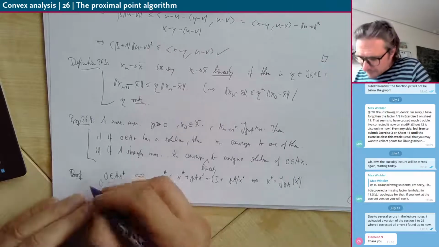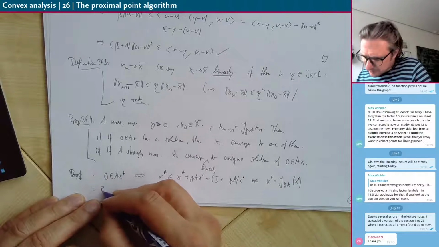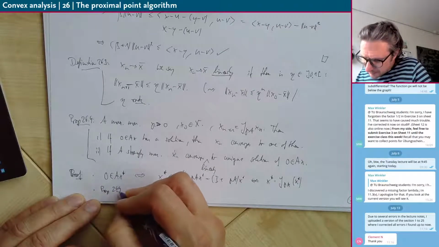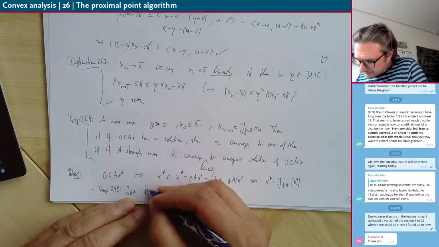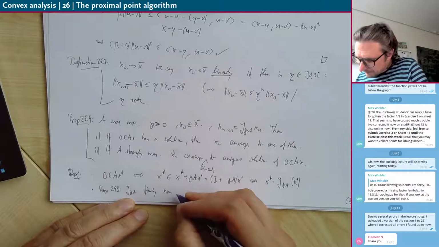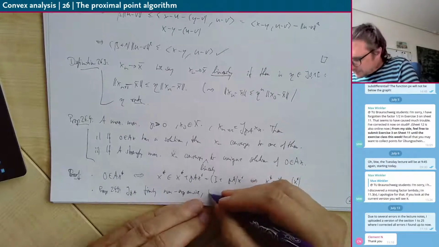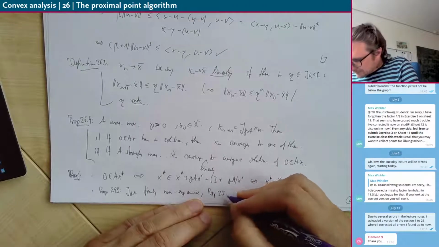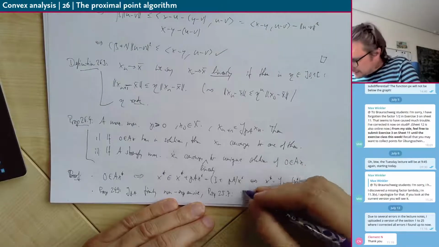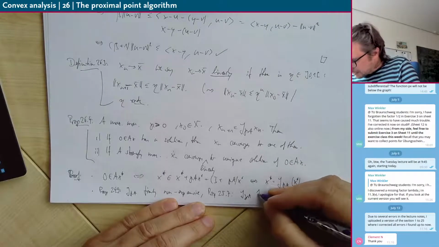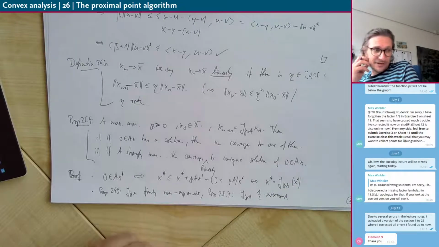Okay, and then the second point is we can use proposition 24.9, which tells us that J_{gamma A} is firmly nonexpansive. Proposition 25.7 shows us that then J_{gamma A} is 1/2-averaged, because this holds for all firmly nonexpansive operators.